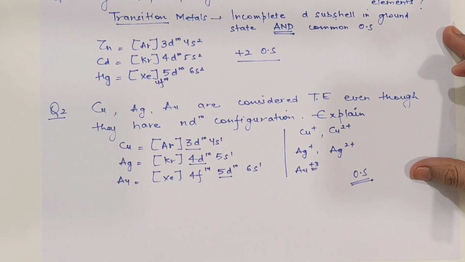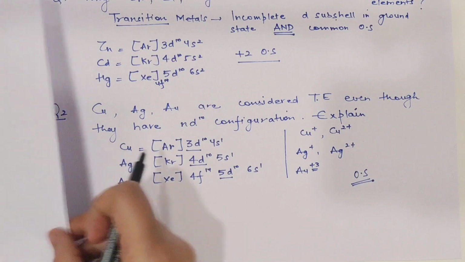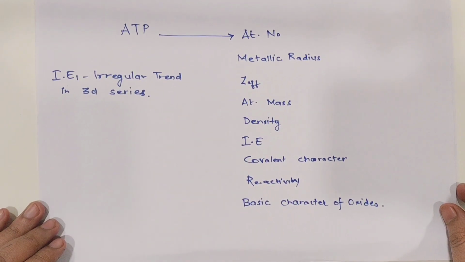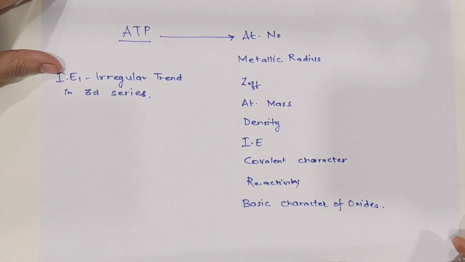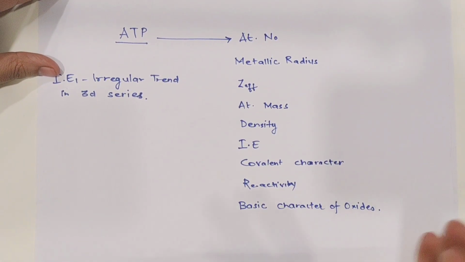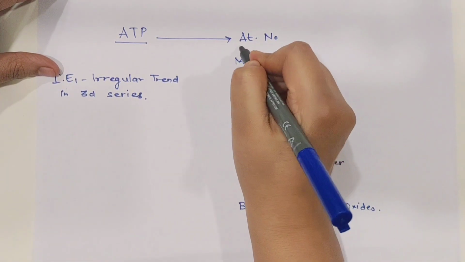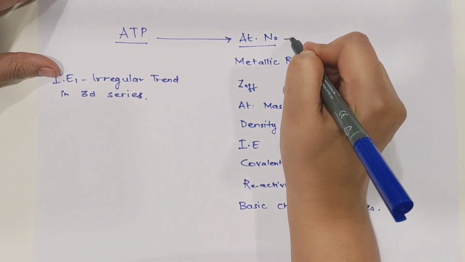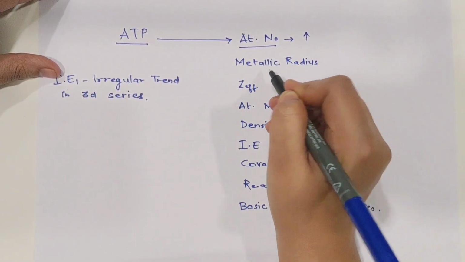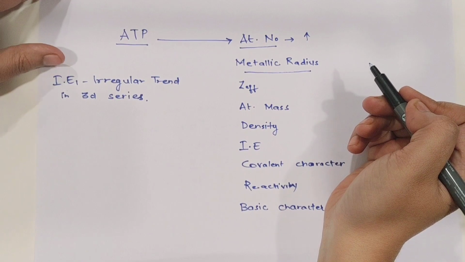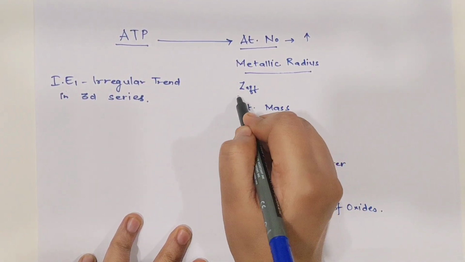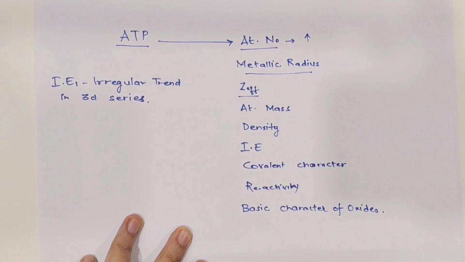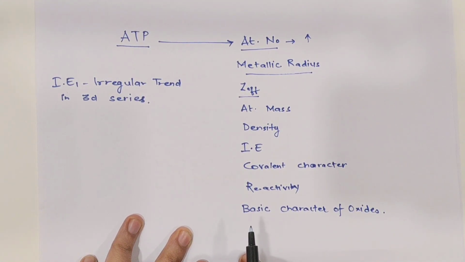Now let's talk about how their properties change when we move along the period. Atomic number, as we move along the period, obviously atomic number would increase. Metallic radius. Now atomic radius depends upon Z effective. What do you think would happen to Z effective or effective nuclear charge?